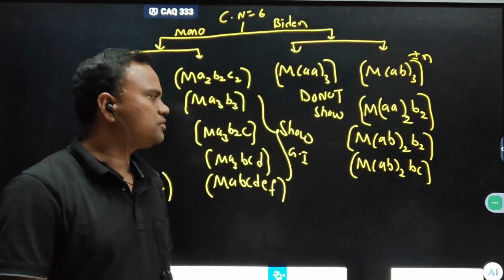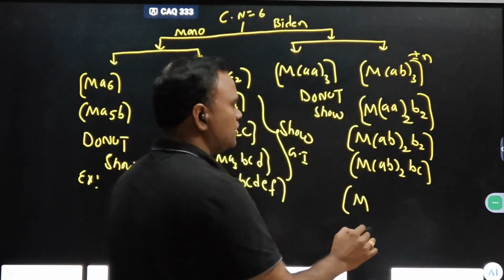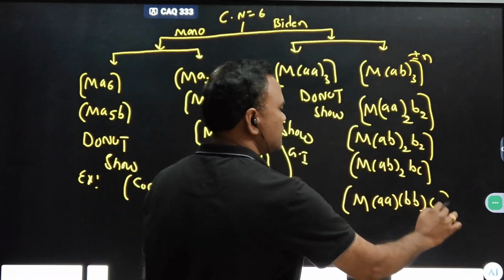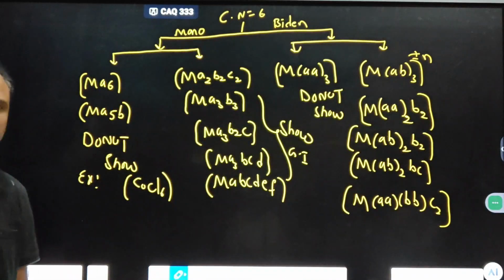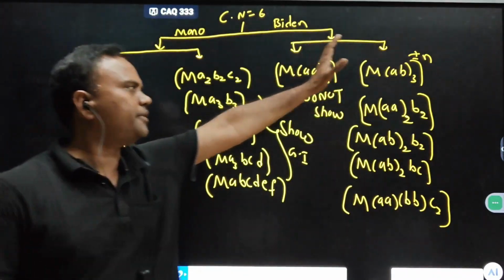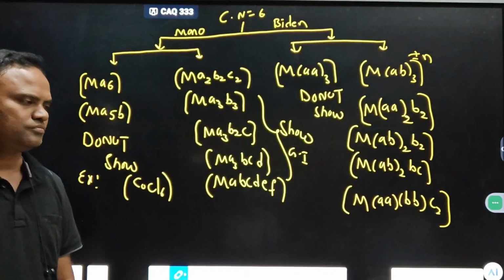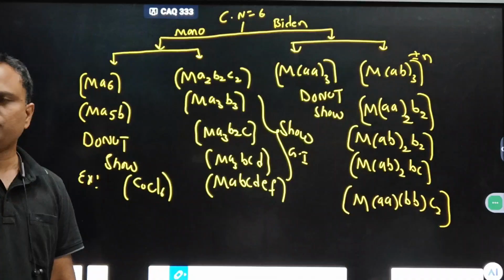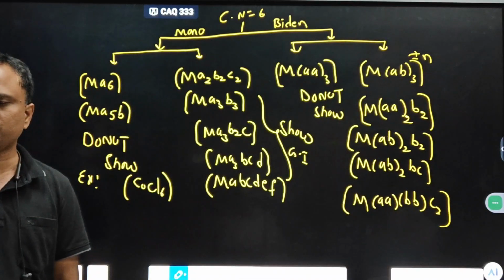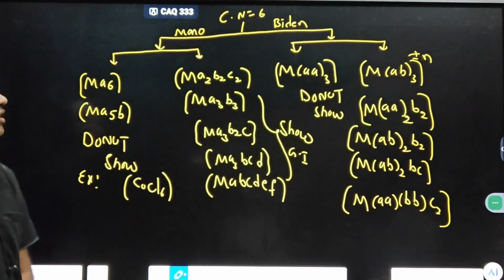We can take like this. MA taken twice, please. M, A, B, C2 category. Any other category we can take. Okay? We remember this one. Remaining all cases, examples.